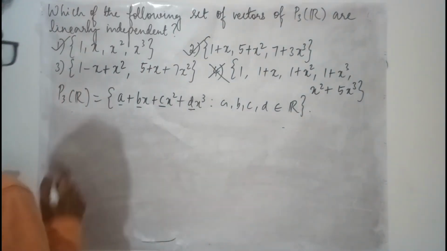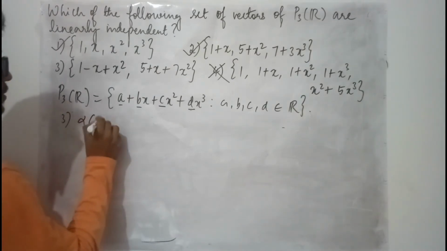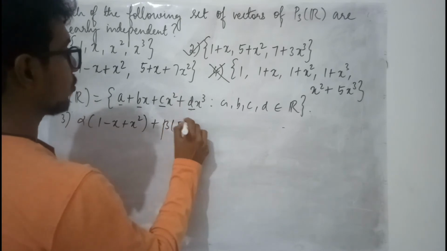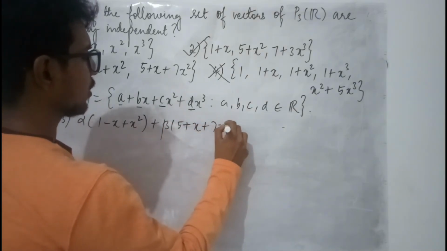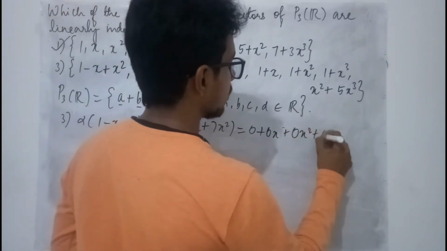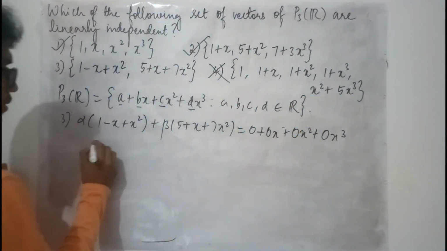Okay, let us do that. Alpha times of 1 minus x plus x squared plus beta times of 5 plus x plus 7x squared, which is to be equated to 0 plus 0x plus 0x squared plus 0x cube. This is what?